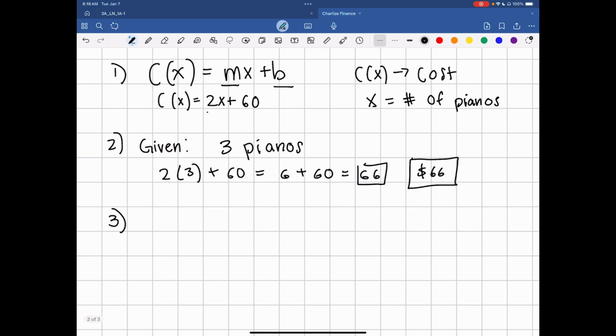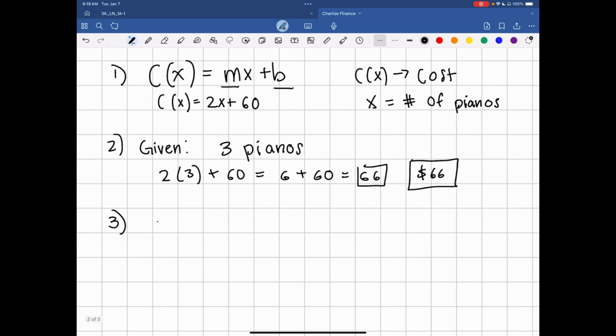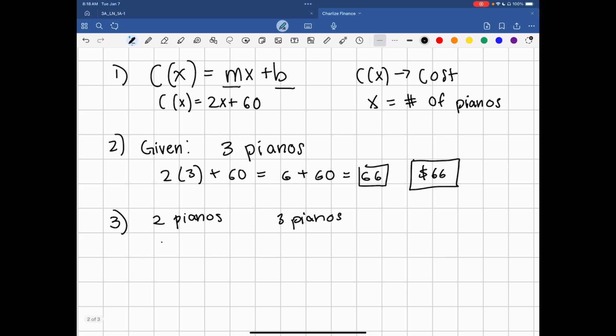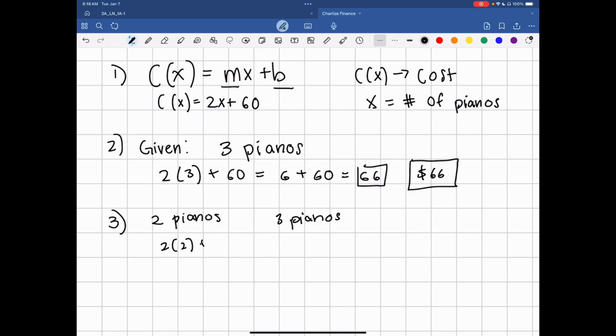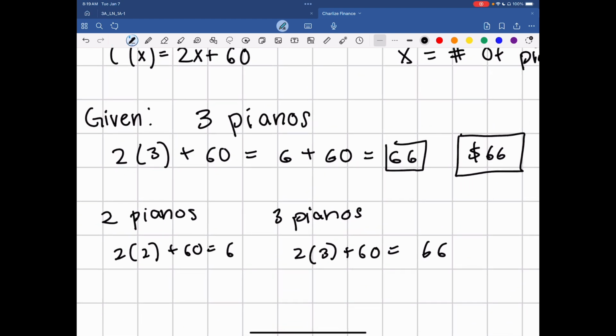So all you're looking at is the 2x. For example, if I did two pianos, and then three pianos, I would be plugging in 2 times 2 plus 60, and then 2 times 3 plus 60, and you would get 64, and then you would get 66.